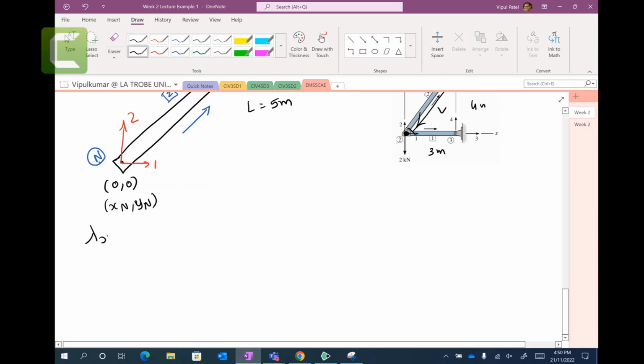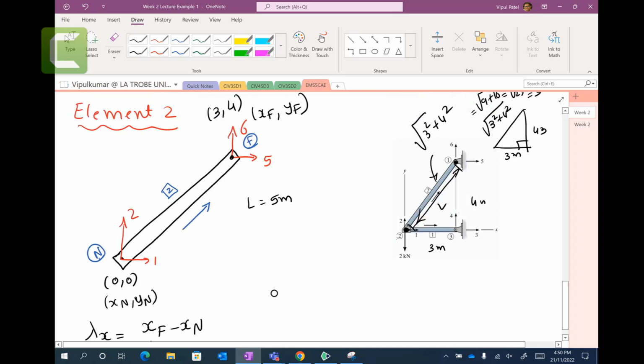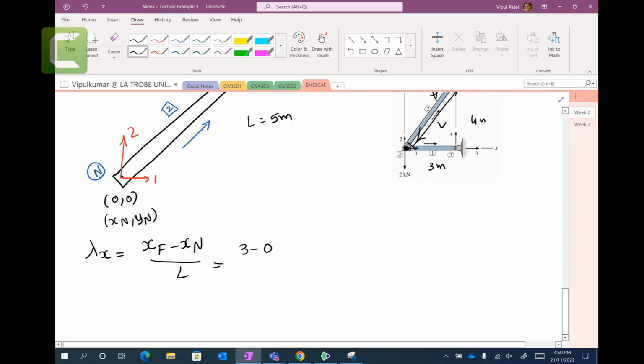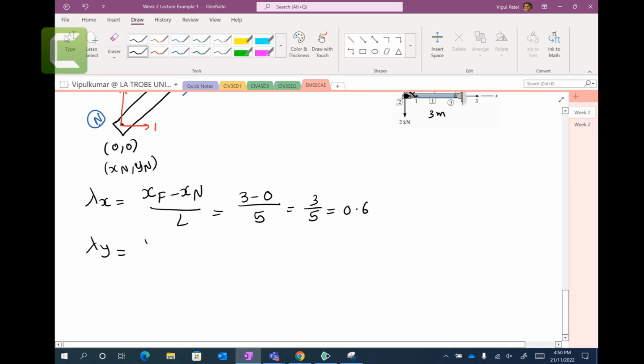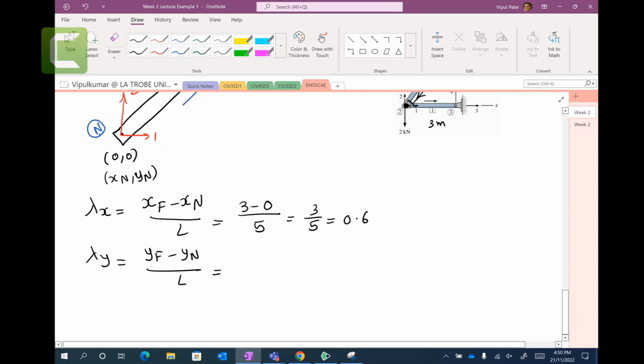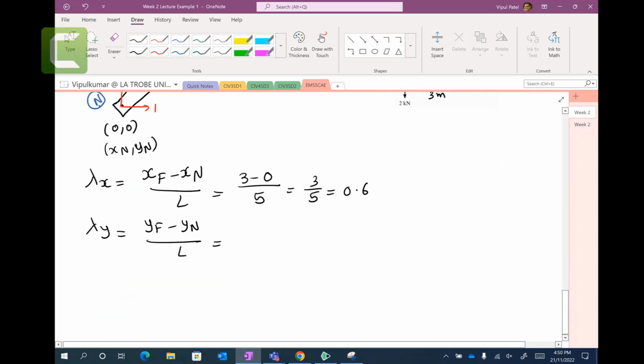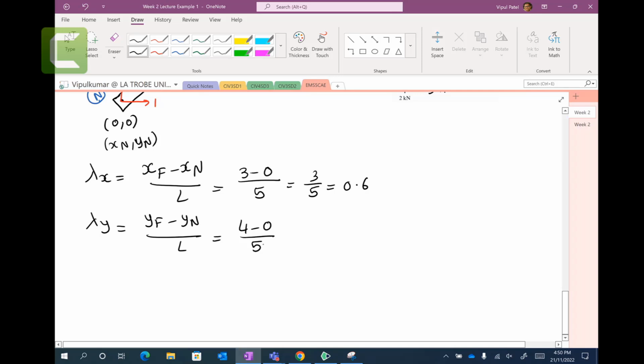Similarly, lambda x is equal to xf minus xn over L. xf is 3, take away 0, over L which is 5, so 3 over 5, that is 0.6. Lambda y is yf minus yn over L. yf is 4 minus 0 over 5, so 4 over 5, that is 0.8.